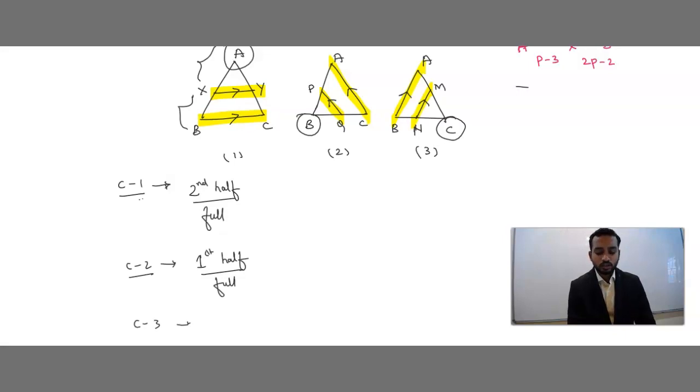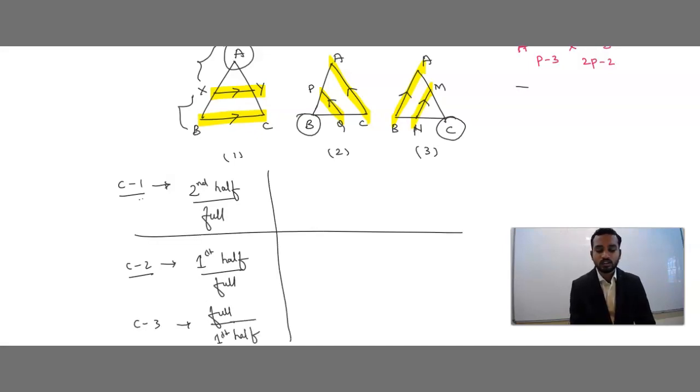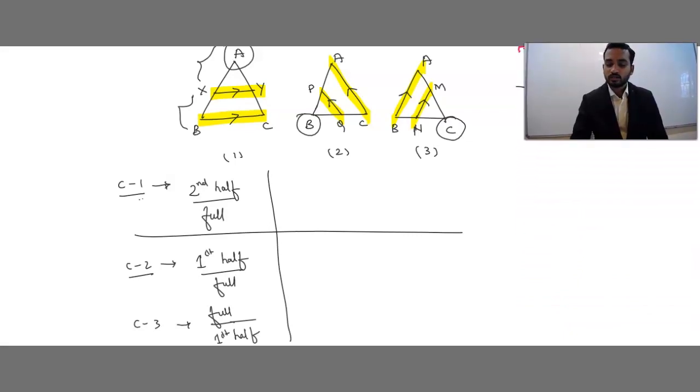Corollary 3: full by first half. These are the logics. So I am applying all these logics for all the 3 figures. Okay, let's see.